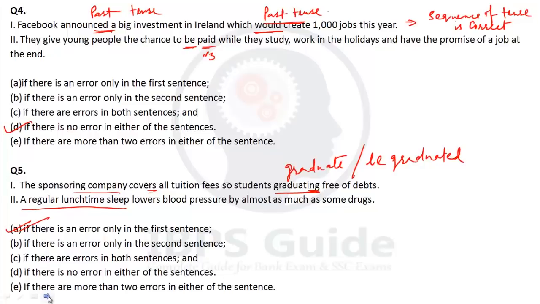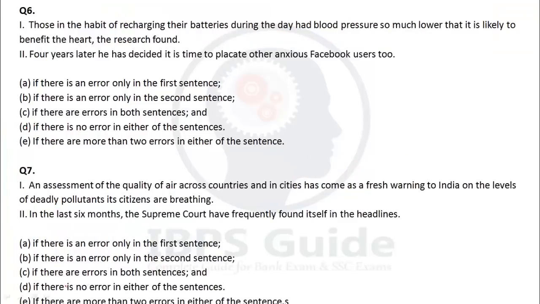Let's move to question number 6. Those in the habit of recharging their batteries during the day had blood pressure so much lower that it is likely to benefit the heart, the research found. First sentence, there will be no error.